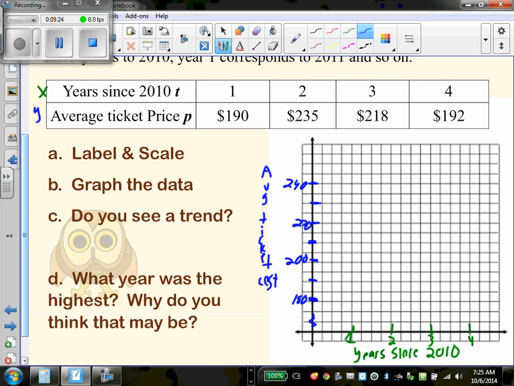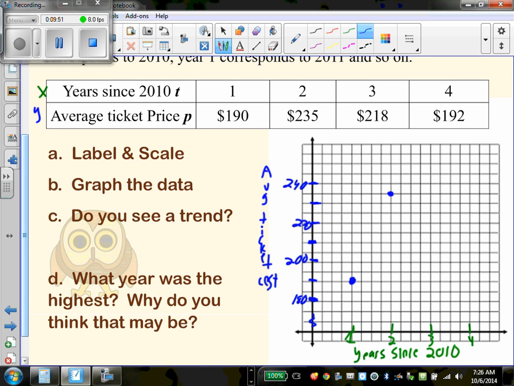All right, so we've labeled the axes. We have scaled the axes. We know what the values all stand for. Now what we have to do is plot our points. So our first one is 190. So that's right there. Our second one is 235. That's going to be right there.